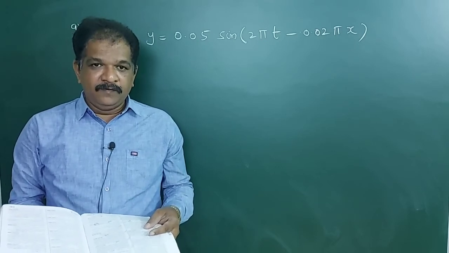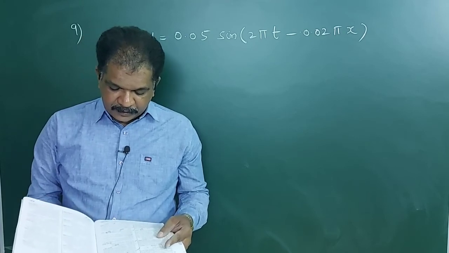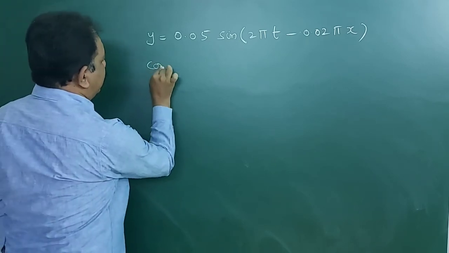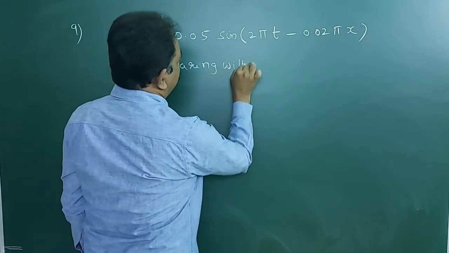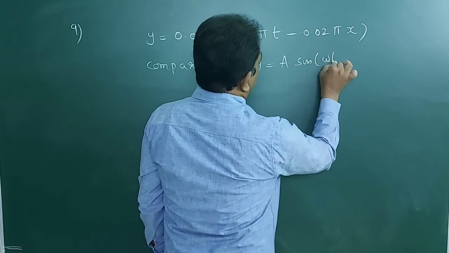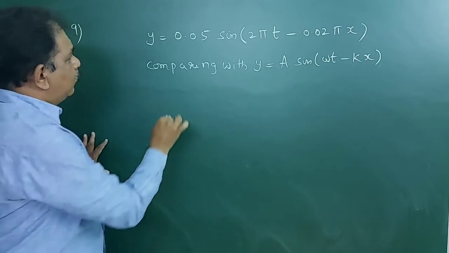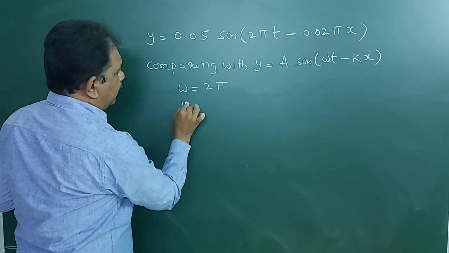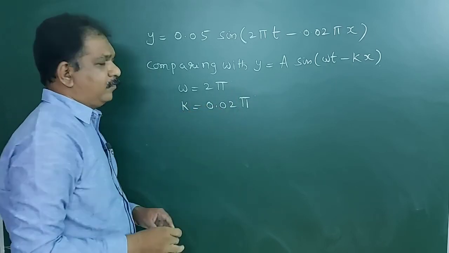That means wavelength. And what is the wave velocity? Okay, so comparing with y is equal to a sine omega t minus kx, omega is equal to 2 pi, k is equal to 0.02 pi.